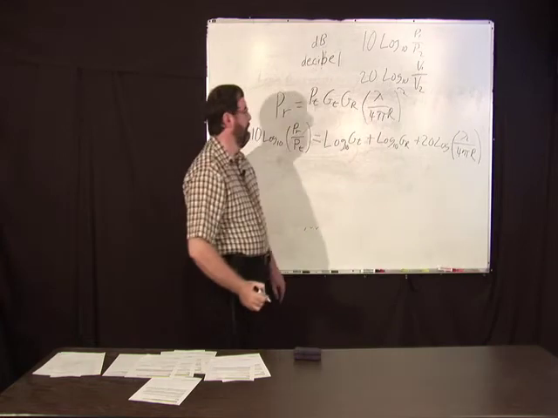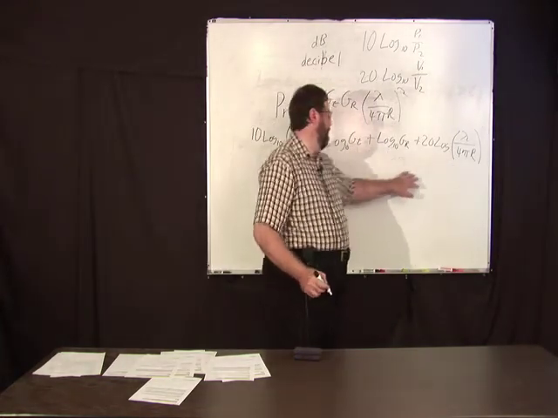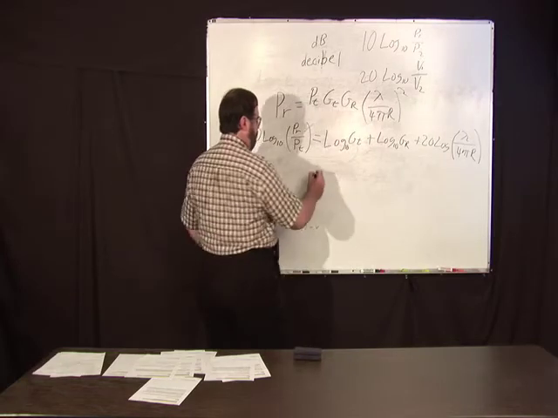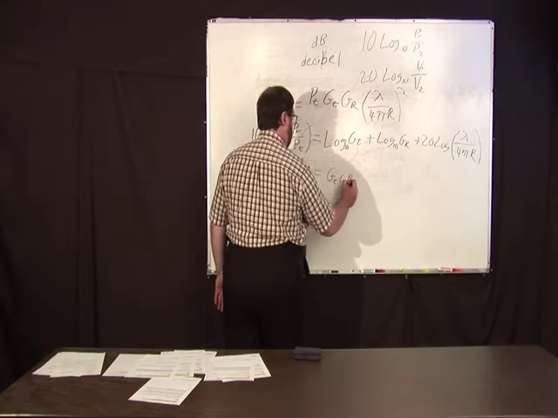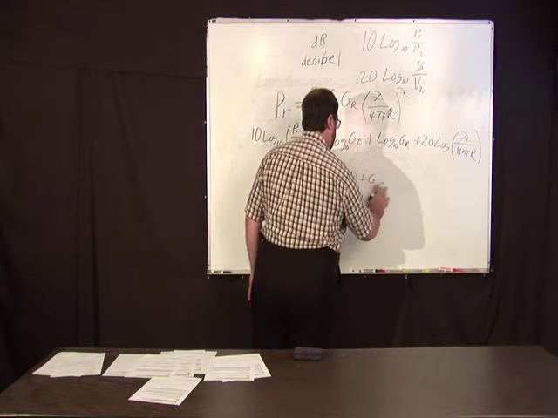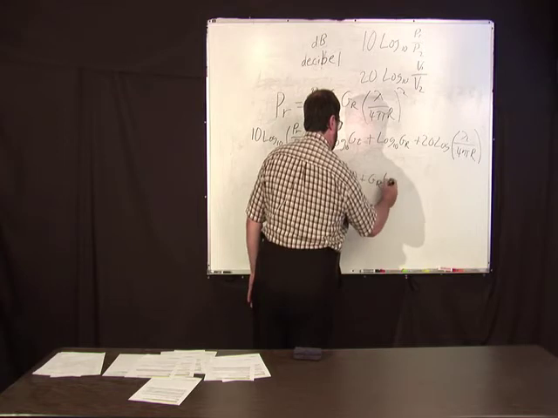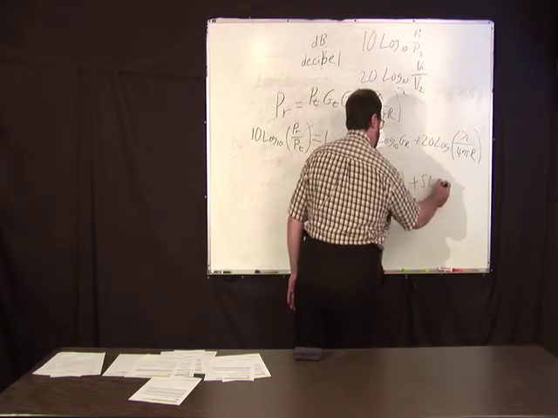Okay. Well, this last term here is generally called the space loss. So this is equal to the gain of the transmitter in dB plus the gain of the receive antenna in dB plus the space loss in dB.